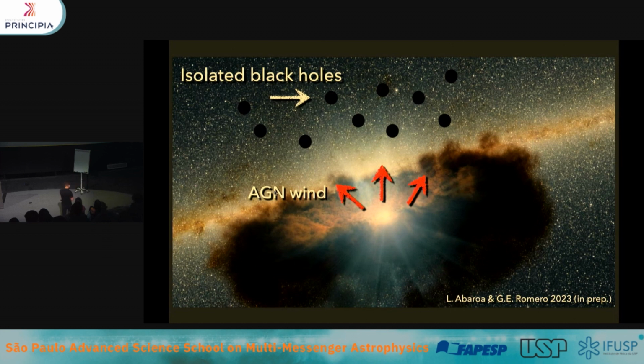There is a work from the year 2000 in which the authors have shown that tens of thousands of isolated stellar mass black holes should be in the center of galaxies. So the question is, what happens when the AGN winds interact with the stellar mass black hole? Because we cannot prove that these black holes are there.